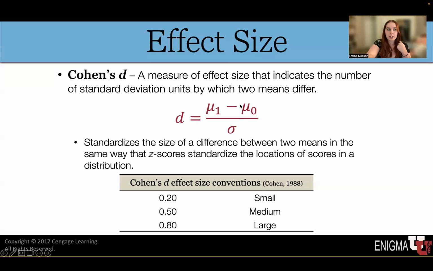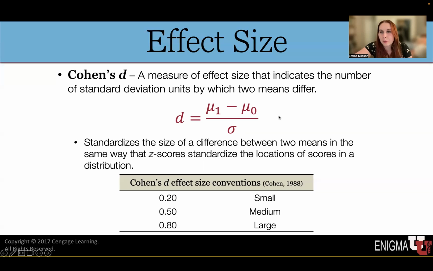Let's say, hypothetically, that the memory test scores have a population mean of 100 and a standard deviation of 15 in your untreated population. And then in the treated population, the standard deviation is still 15, but the mean is going to be 106 instead of just 100.